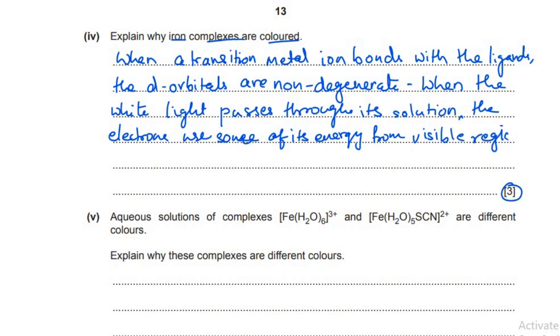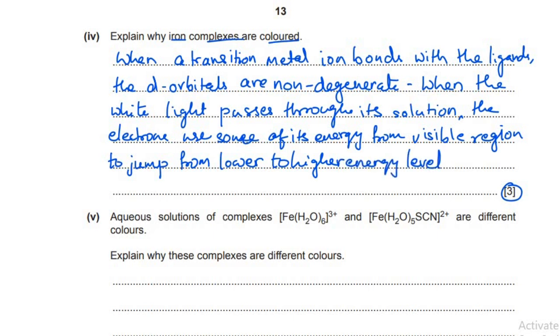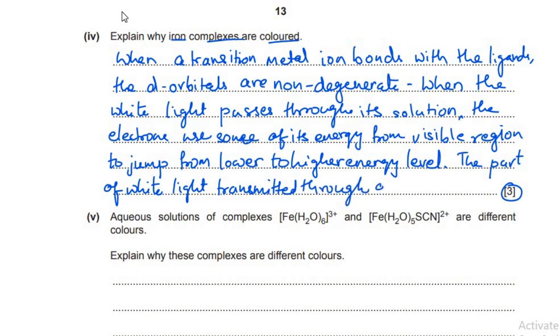So here we need to mention it, visible region, to jump from lower energy to higher energy level, and the part of white light transmitted through gives the color to the complex.